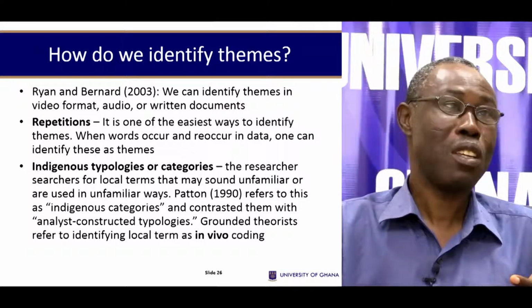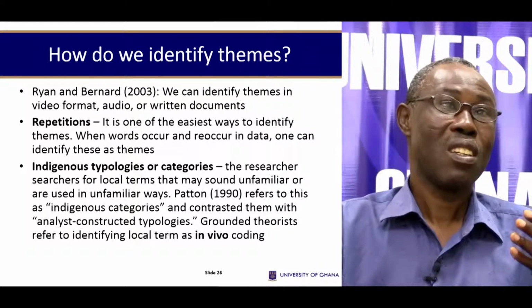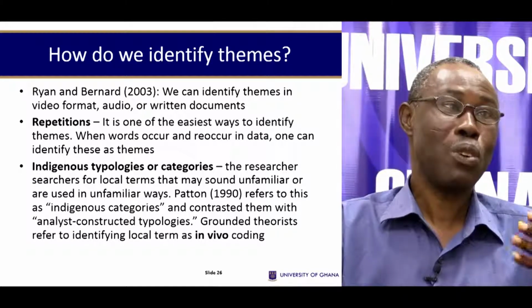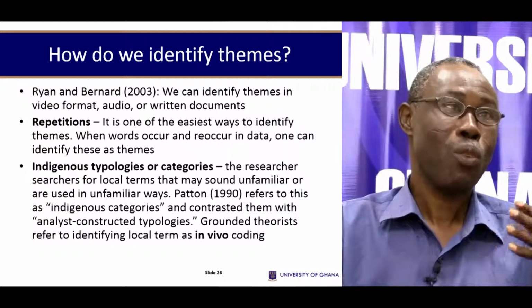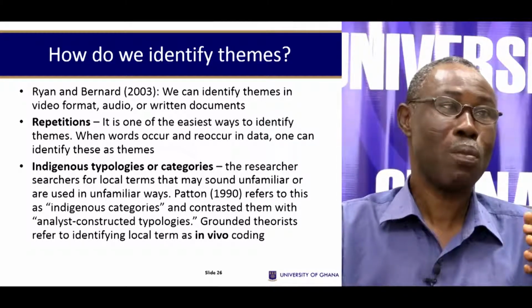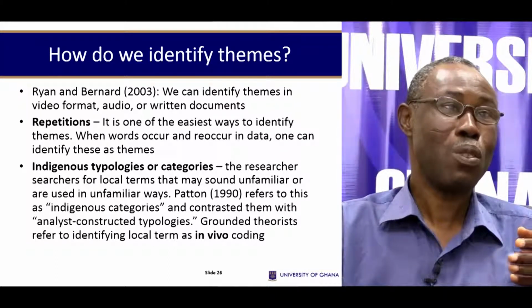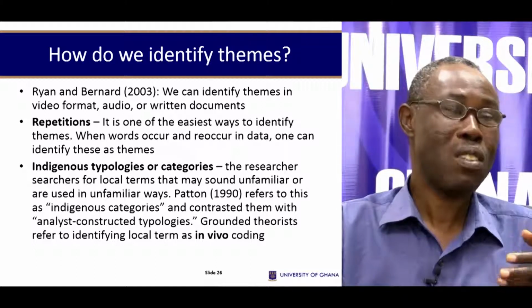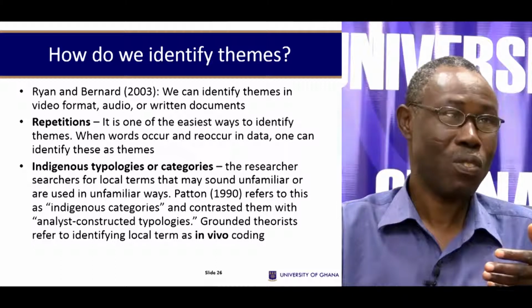Now, how do we identify themes? Themes are identified through these processes. Whether it is video, audio, written documents, whatever, these processes must be followed. One of the key things is what we term repetitions. So in identifying themes, what are the things or words that are repeating themselves or occurring frequently?